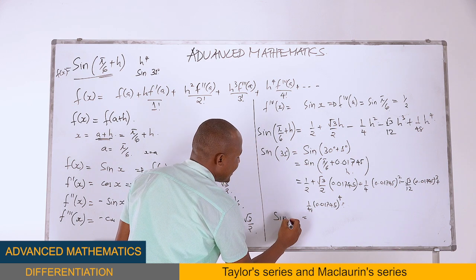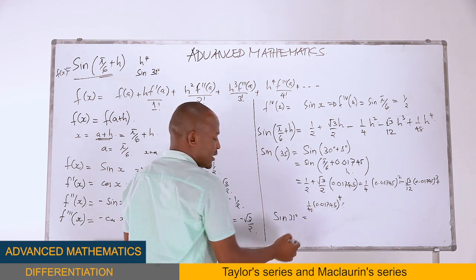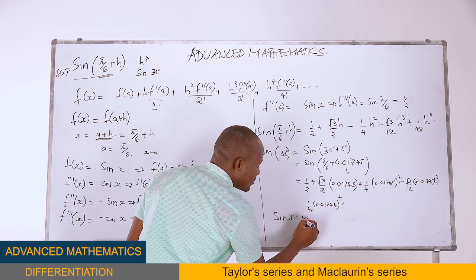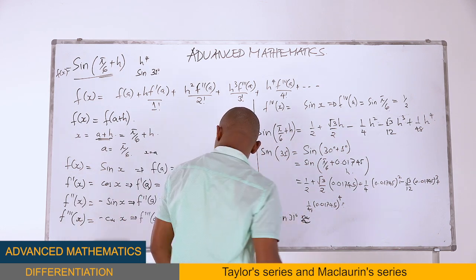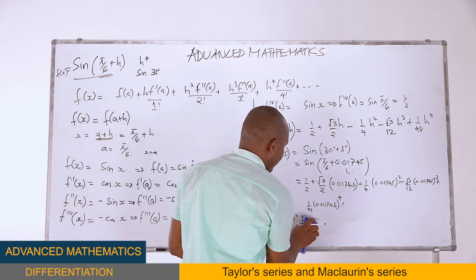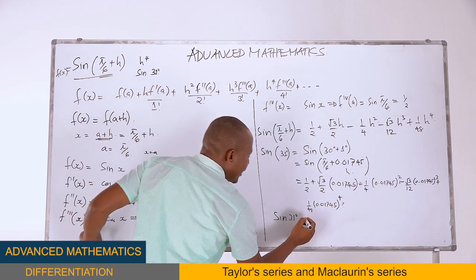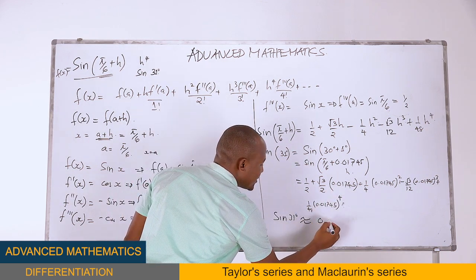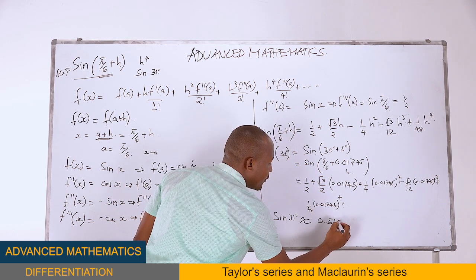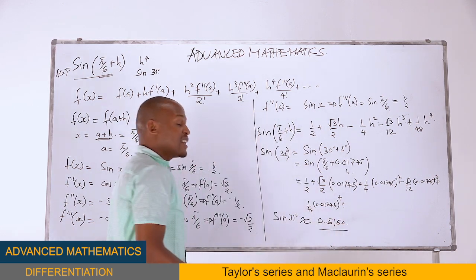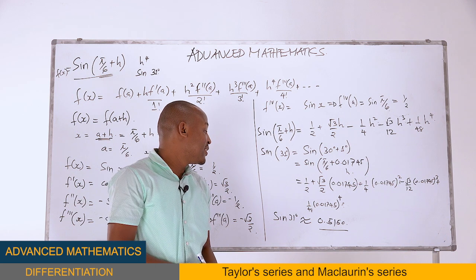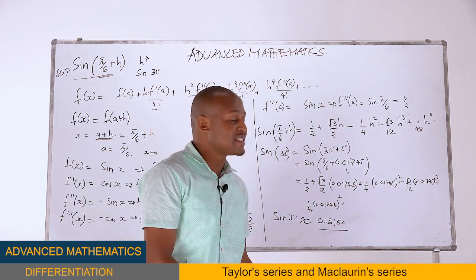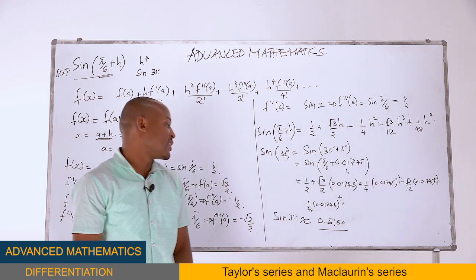That is sine 31, which is approximated, because this is an approximated value. Make some practice with your calculator, use it very carefully, and you end up getting that answer. So please try to find and obtain that answer.